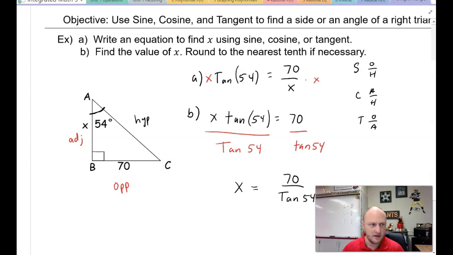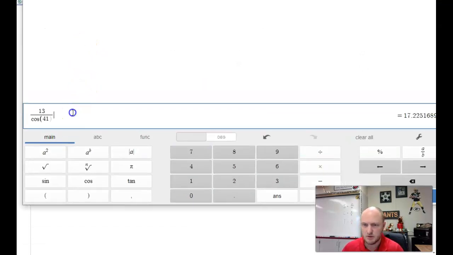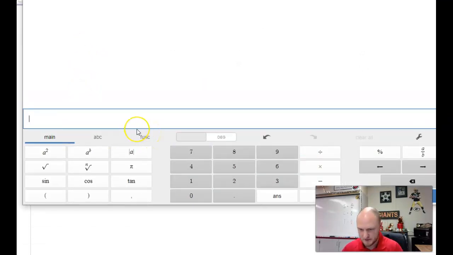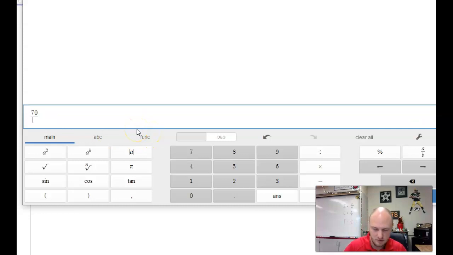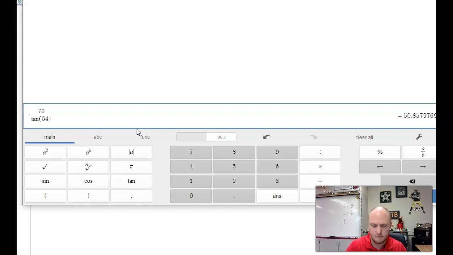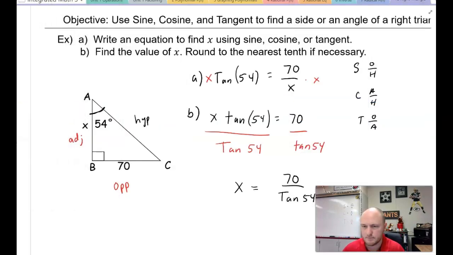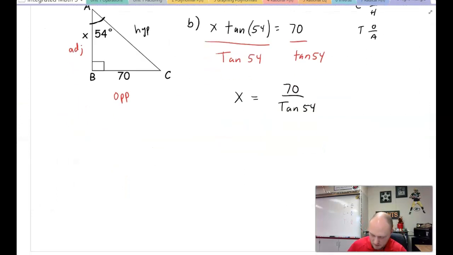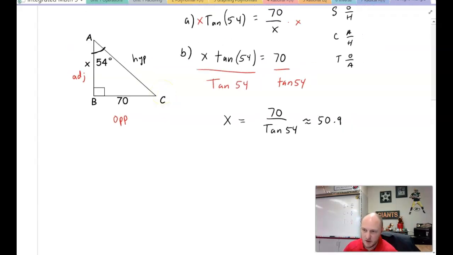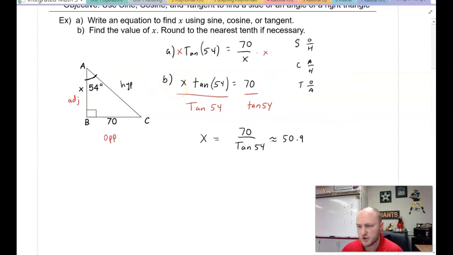And I've got to go ahead and compute this. So 70. Okay, and we get 50.9. All right, there you go. That's how you write an equation and solve the equation using trigonometric functions.